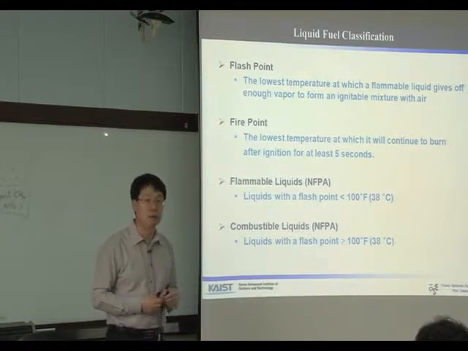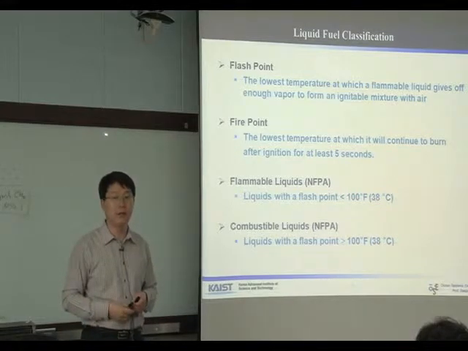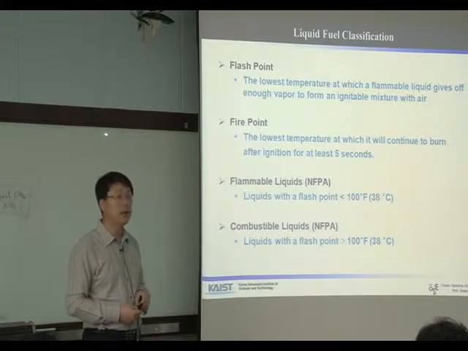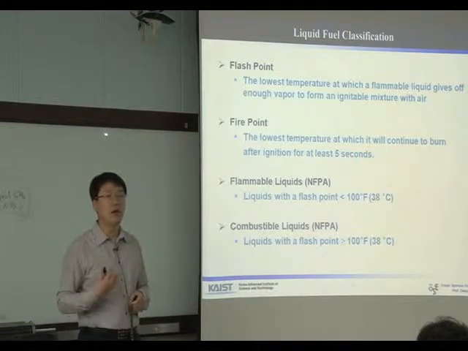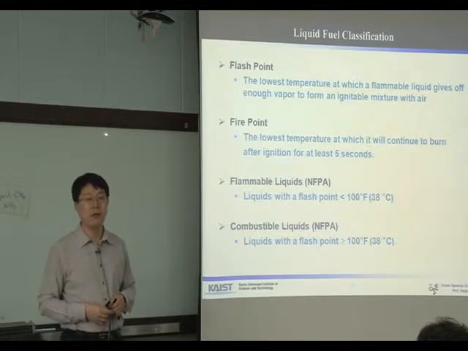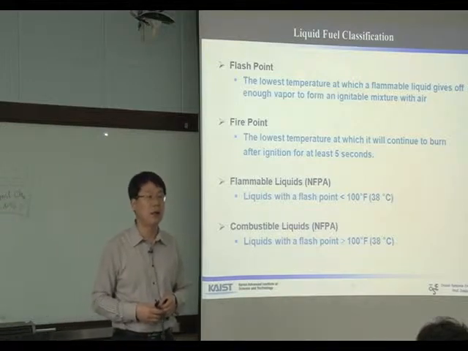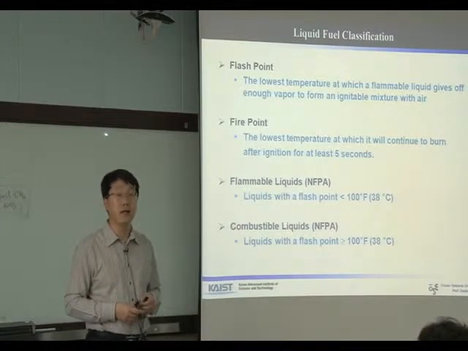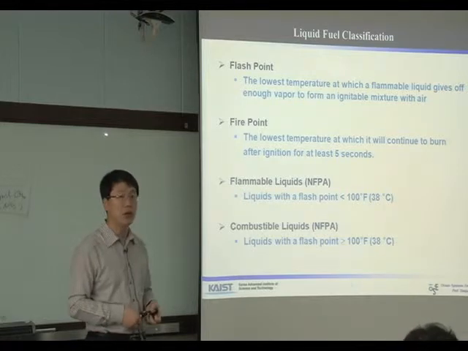Combustible liquid means that the flash point is greater than the human body temperature. So the flammable liquid is easier to ignite than the combustible liquid.